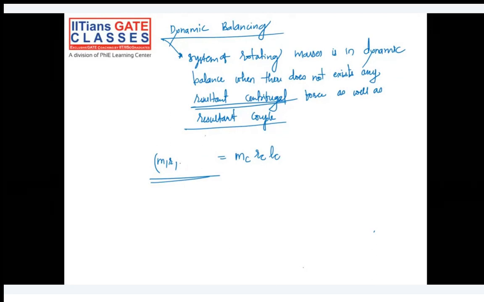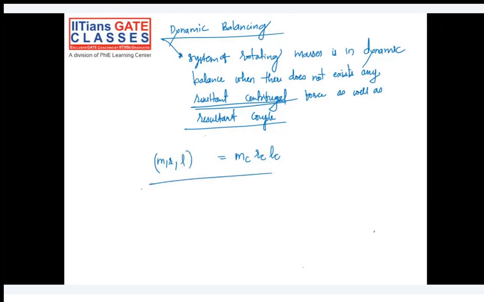So what we are bringing here is not just a counter mass at a particular distance from the center of rotation, but also at a particular length to form a couple.